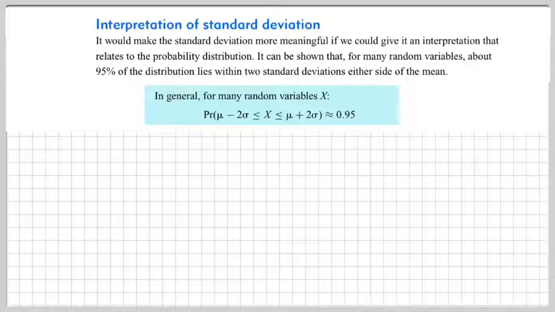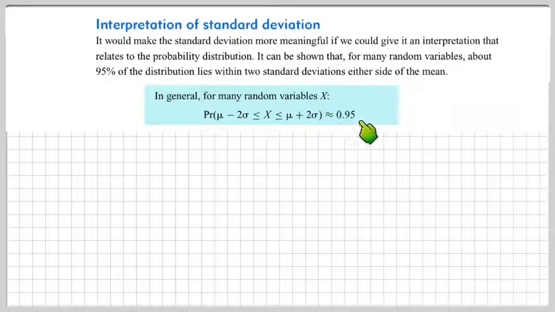That's an example of a distribution of a CRV, a continuous random variable. We're doing DRVs at the moment, discrete ones. Now, in general, the probability that a random variable falls within 2 standard deviations of the mean, that is, from the mean minus 2 standard deviations to the mean plus 2 standard deviations, is about 0.95.